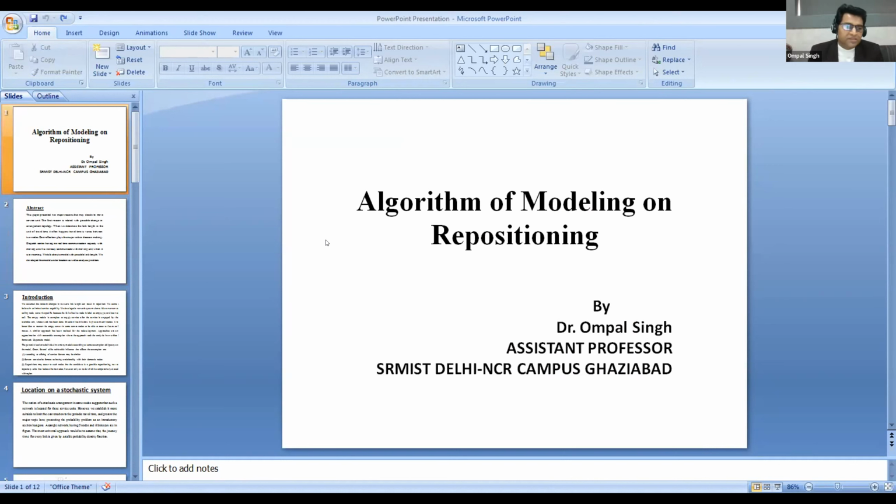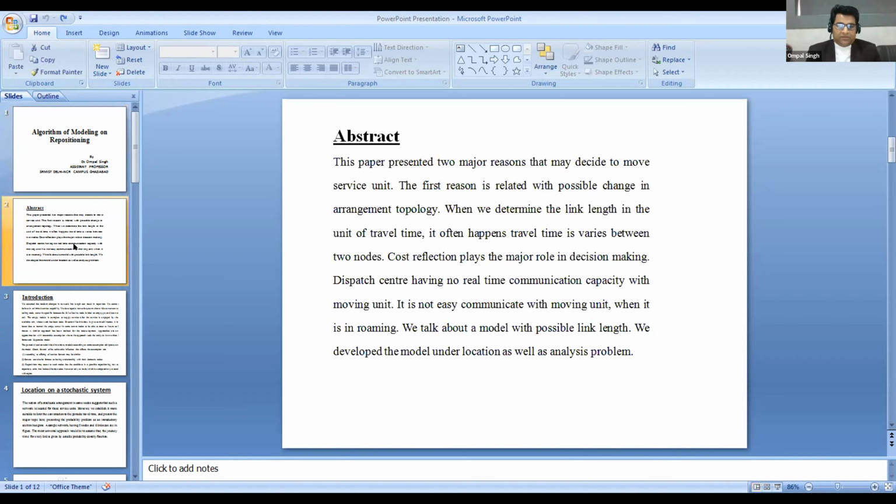Basically, this paper presents shortest path algorithms, as used in mapping software like Apple Maps, and they are also important for road network operations and logistics research. They are also very important in computer networks. Now, this paper presents two major reasons that may decide whether to move a service unit.